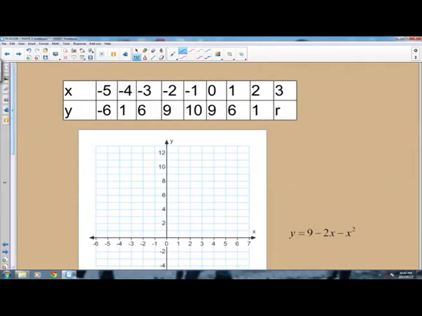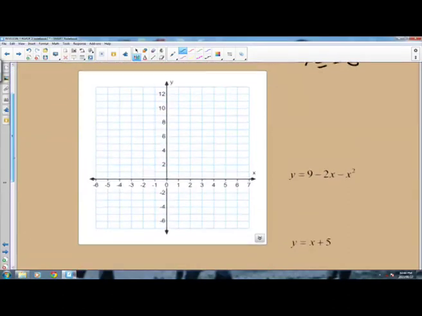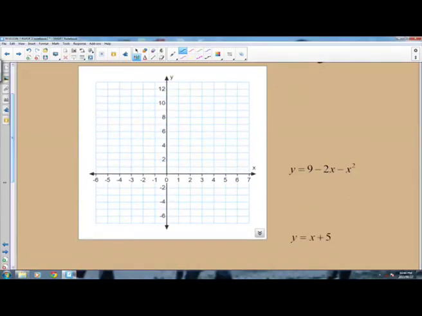We calculated r, and we found that r is equal to negative 6 from the previous question. We are now going to plot these points. The first point is minus 5, minus 6. We plot these points in this grid provided. We have to plot the point minus 5, minus 6. It's a point here.